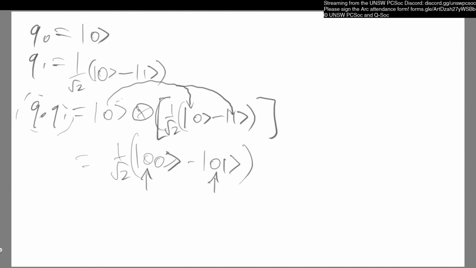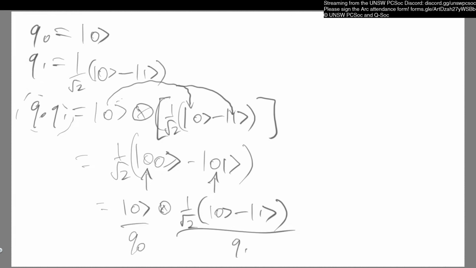So 0 is common to both, so you can literally do 0, 1 on root 2, and then what remains is 0 minus 1. So this whole thing will represent Q1. This whole thing will represent Q0. And so this is a very quick, cheap alternative to using the density vector, and it saves you a lot of time for certain scenarios.